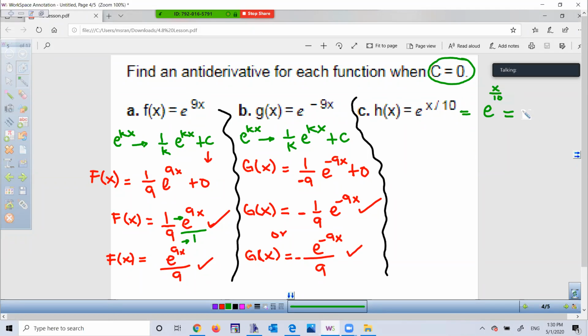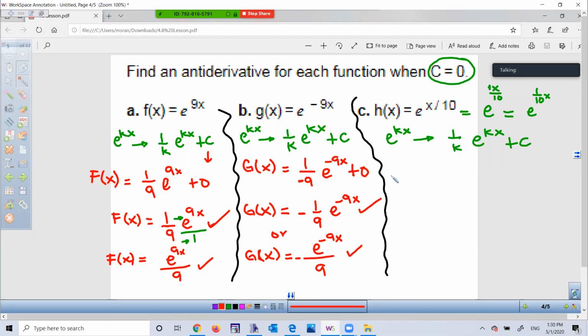This can also be written as e raised to the 1 over 10 times x, with the x next to the 1 over 10. Where am I getting the 1 from? The 1 is right here, even though we don't see it. So if you want to know what your k is in this formula, in e to the kx, the k is 1 over 10. Okay. So we're going to use the same formula again.